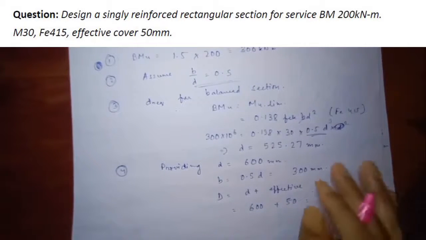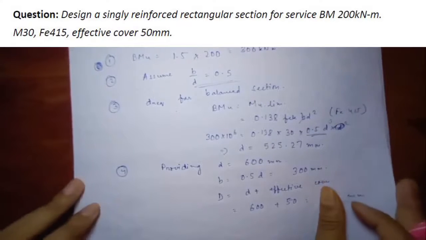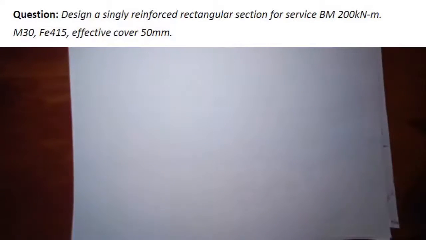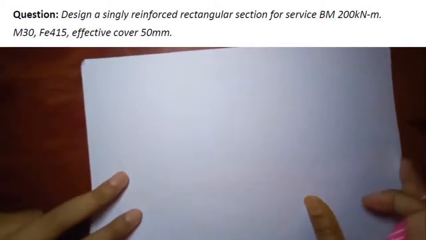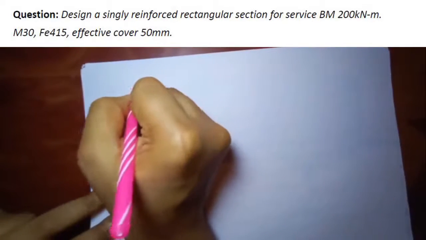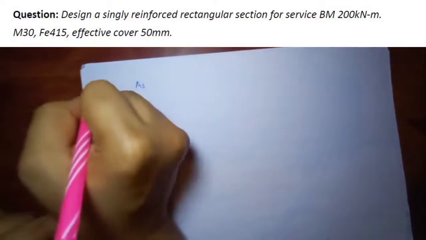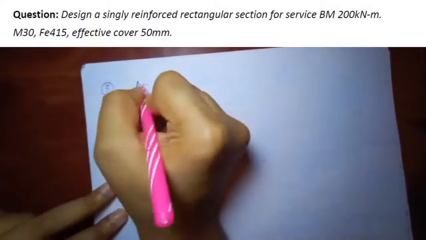So now the fifth step will be to calculate our AST required. So for that I'll write, this is our step 5.